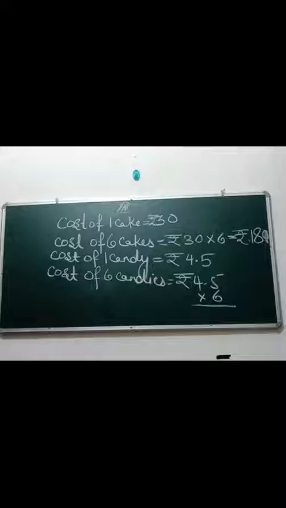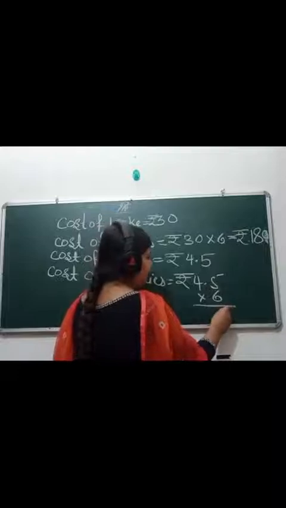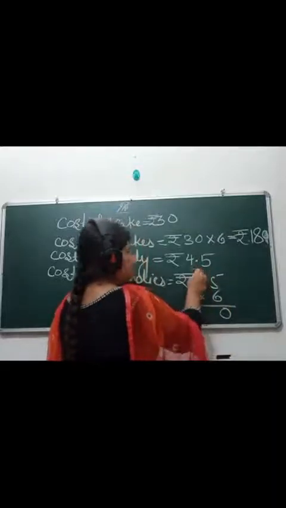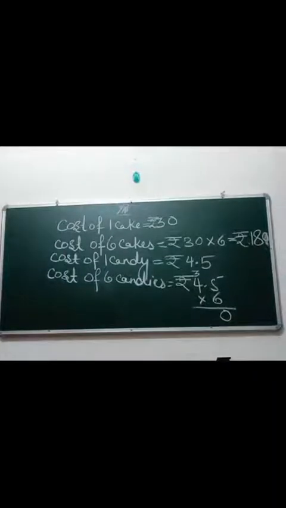Okay, come on. Find out. Start from rightmost side. Start from here. 6 5s are 30. Write 3 there. Okay? And move ahead.